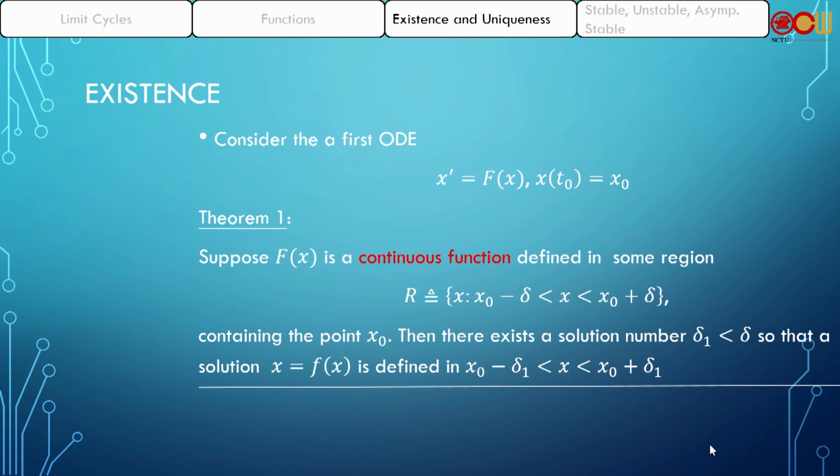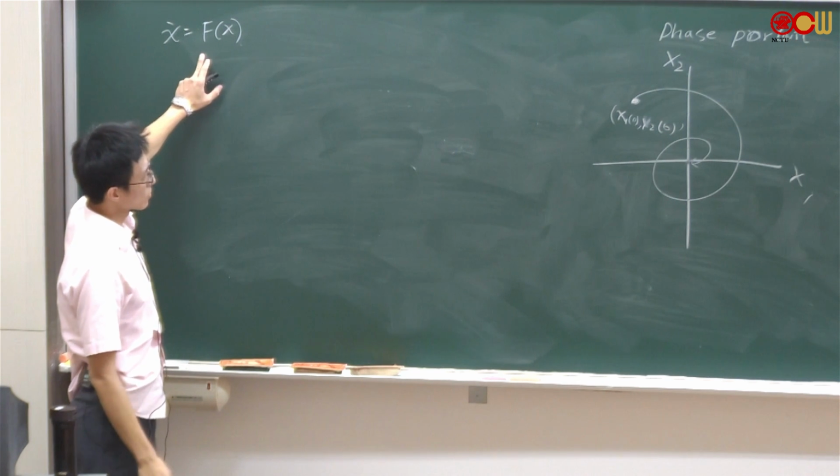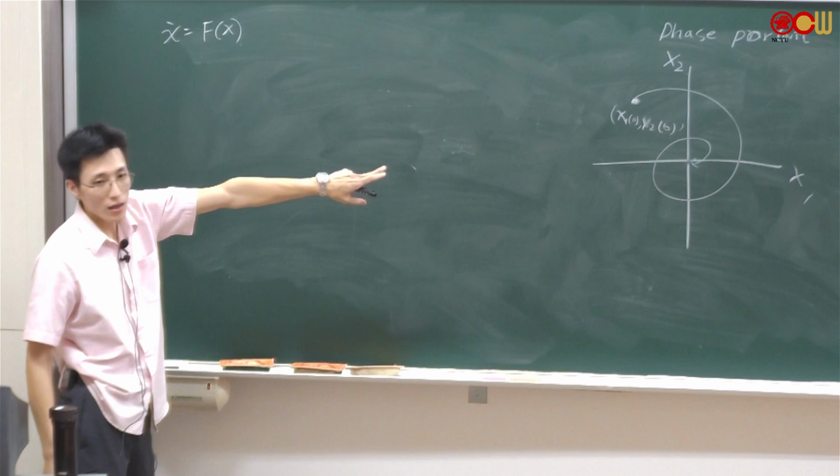That can be told based on this f. Given this f, if f is a continuous function, defined in some region containing some point x0, then there will exist a solution.